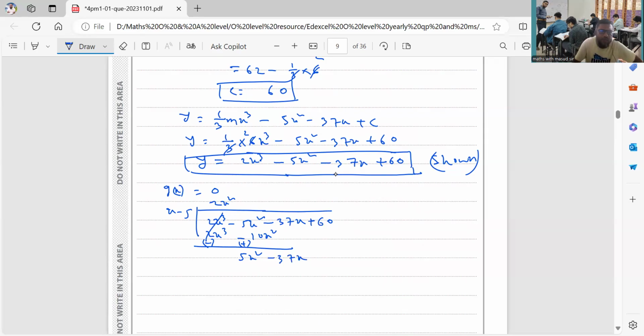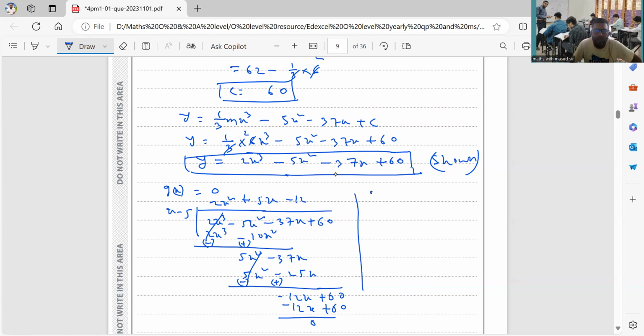So 5x squared divided by x will be positive 5x, and 5x multiplied by x is 5x squared, 5x into minus 5 is 25x. Subtraction, so the sign will be opposite. This is cancelled. Minus 37 plus 25 is minus 12, minus 12x plus 60. So minus 12x divided by x is minus 12, and it will be minus 12x plus 60. So 0. That means the long division is correct.